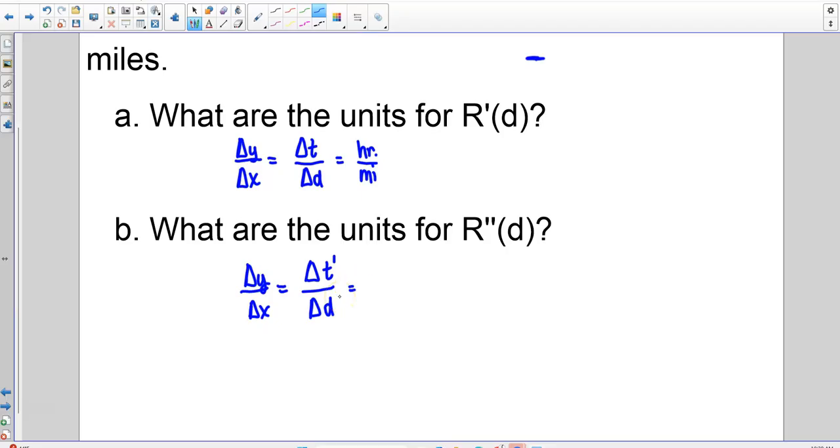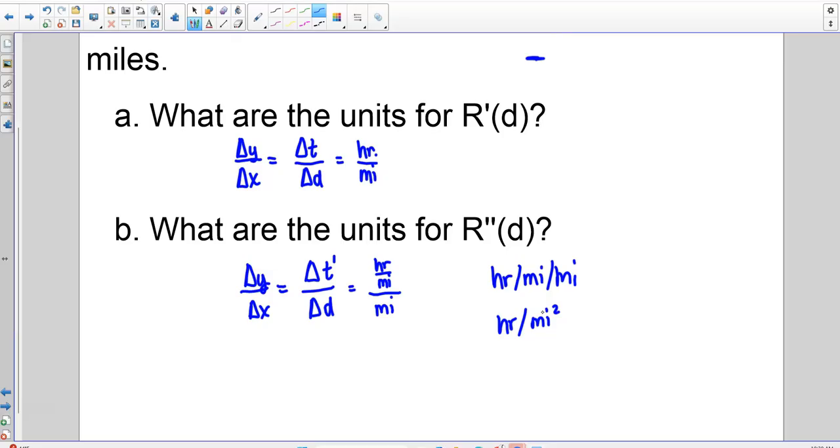So change in t prime is the answer to part A, right? That is hours per mile. And then we would divide it by miles again. So you could say hours per mile per mile, or you could say hours per mile squared.